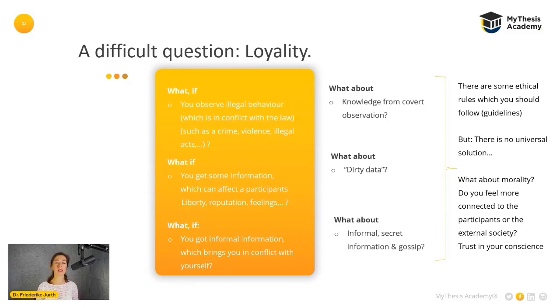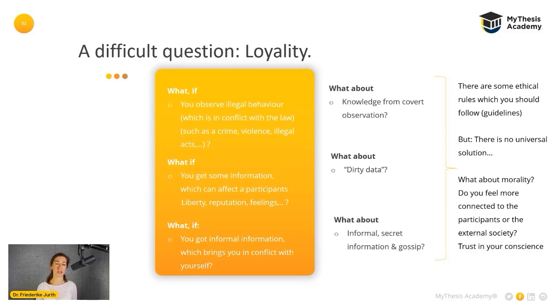If you publish and integrate one or another situation in your research, and even, for example, if we are talking about illegal behavior and stuff which can affect a participant, then last but not least, it is a little bit a question of balance, also a question of trust in your ability to justify a certain situation.